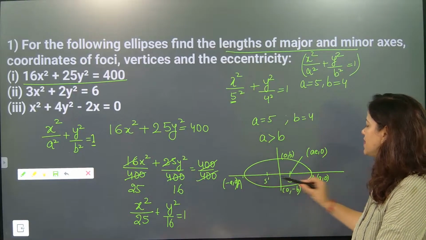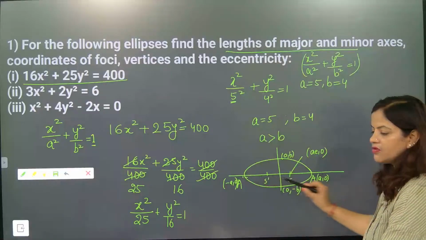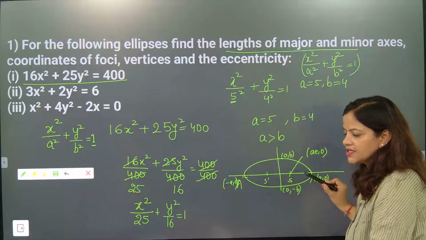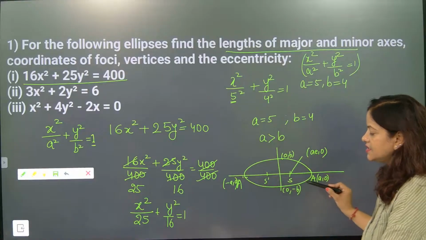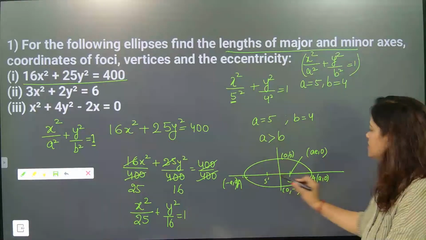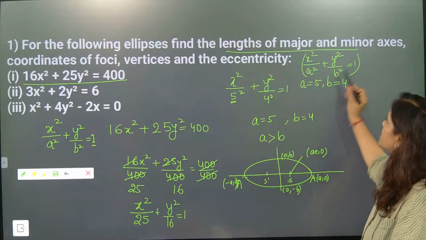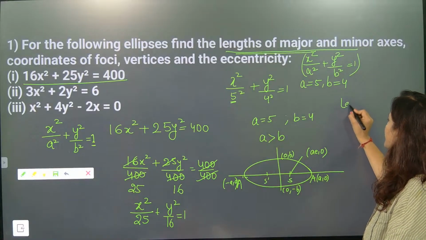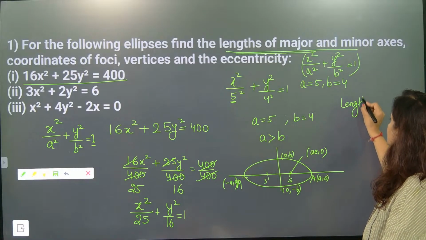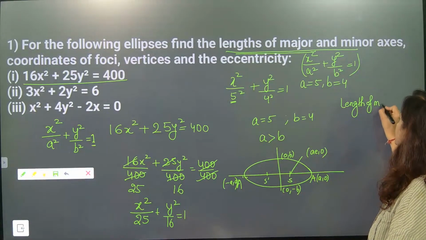Here the major part of the ellipse is resting on the x-axis, so this part is called the semi-major axis. So first we will find the length of major axis.